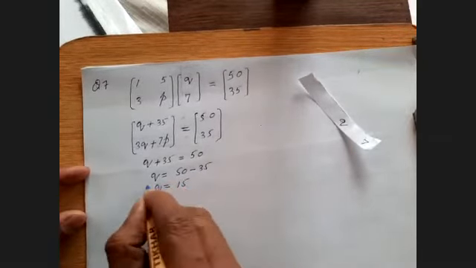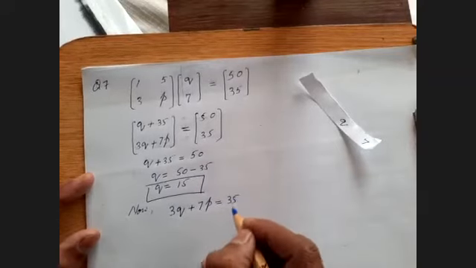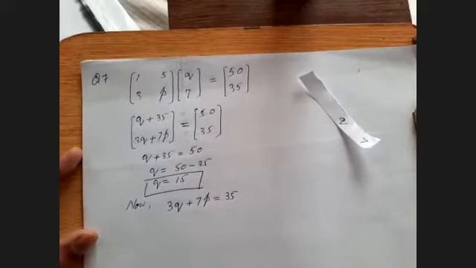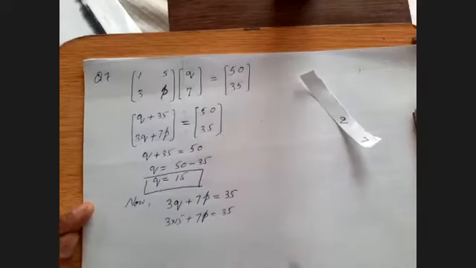Now take the second row, which is 3Q plus 7P is equal to 35. You can see that here the value of Q is 15. I am substituting this value: 3 into 15 plus 7 into P is equal to 35.